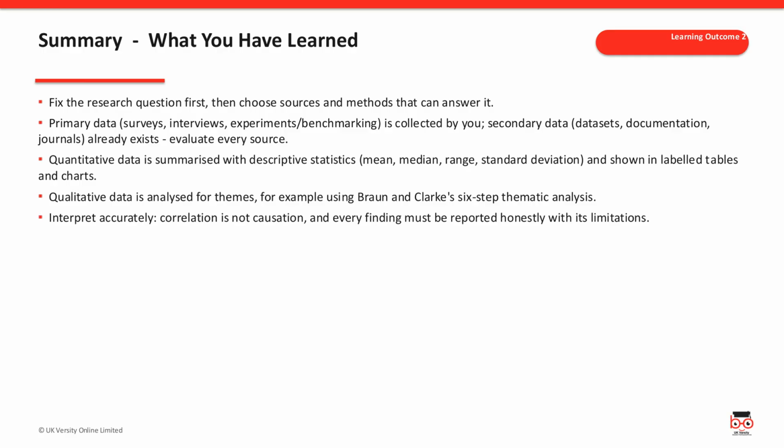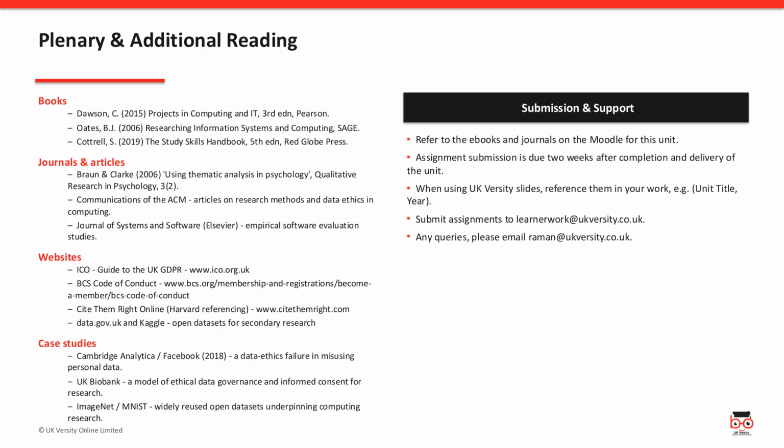Quantitative data is summarized with descriptive statistics and shown in clearly labeled tables and charts, while qualitative data is analyzed for themes, often with Braun and Clarke's 6 steps. And whatever you find, interpret it accurately. Correlation isn't causation, and every finding is reported honestly with its limitations. That wraps up the second outcome.